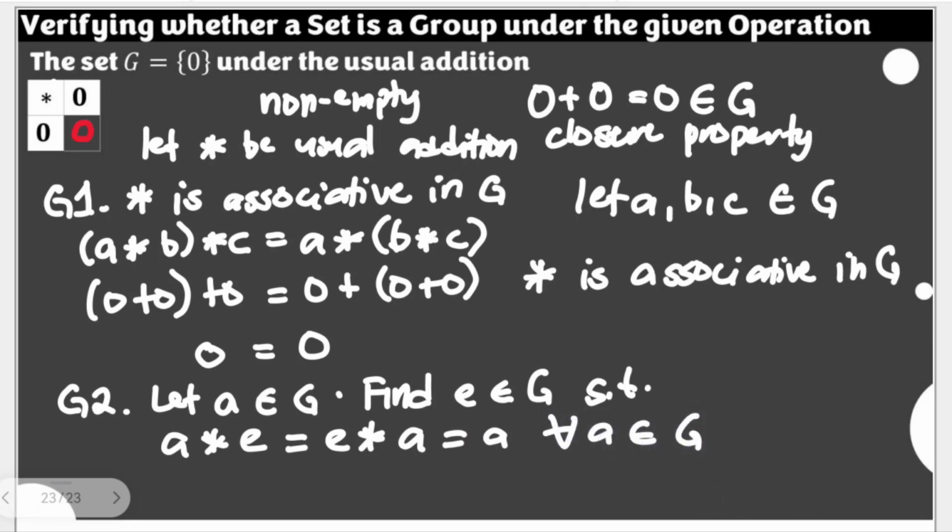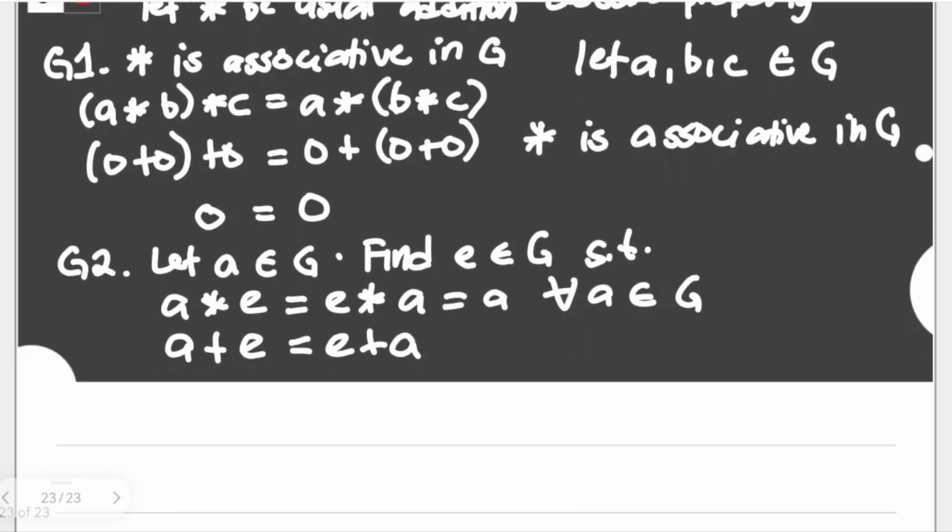Of course, using usual addition, A plus E. On the other side we have E plus A. Then we can equate both of them because, of course, E plus A can be written as A plus E as well. So we have the same expressions now.